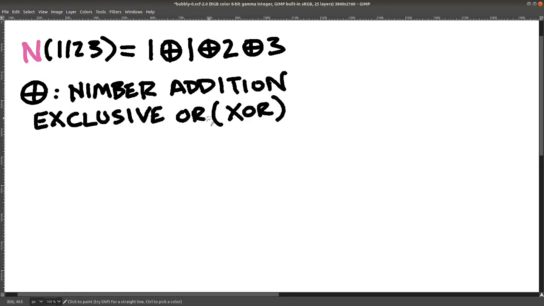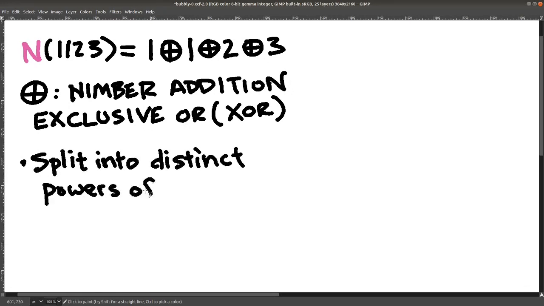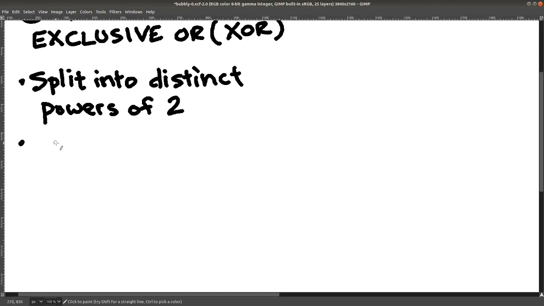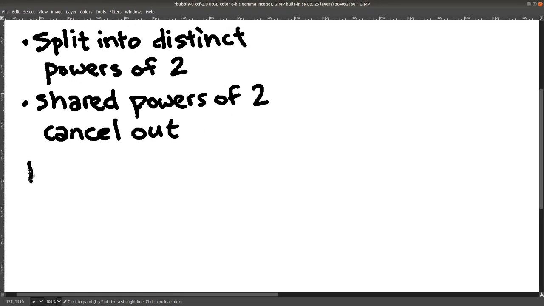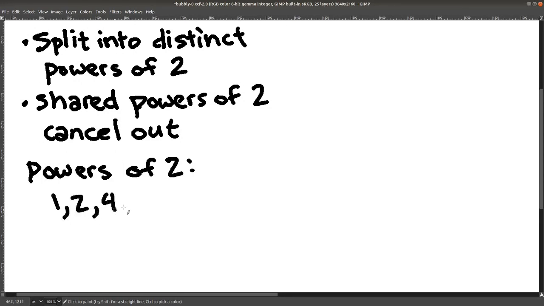Okay, so what is nimber addition? The rules for nimber addition are: split into distinct powers of 2 and shared powers of 2 cancel out. And the powers of 2 are 1, 2, 4, 8, 16, and so on.